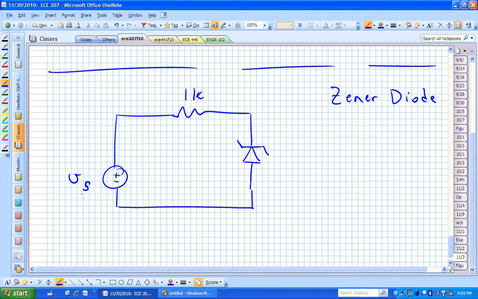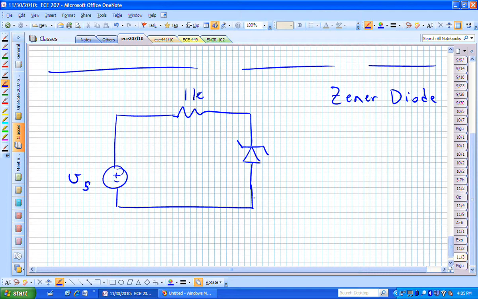It is designed to actually be operated in the reverse direction. If you pretended this was a typical diode and V sub S was positive, you wouldn't expect that to be conducting, would you?